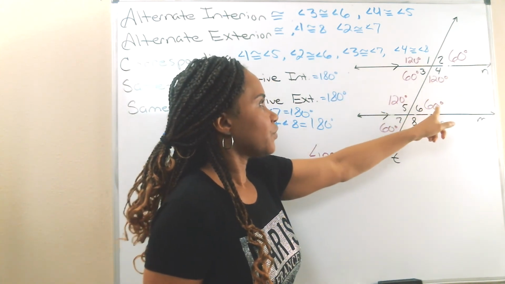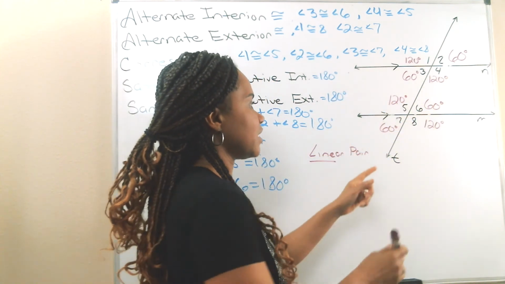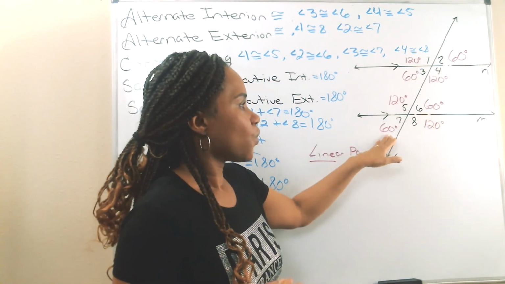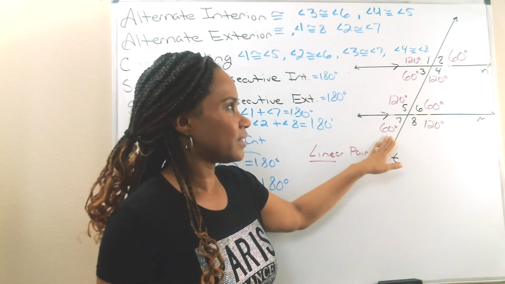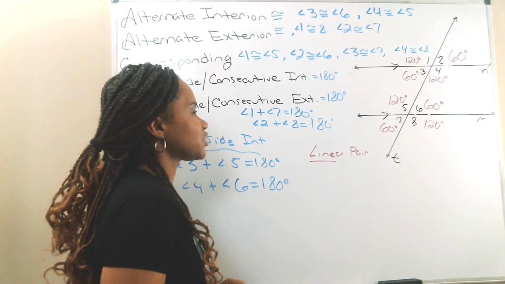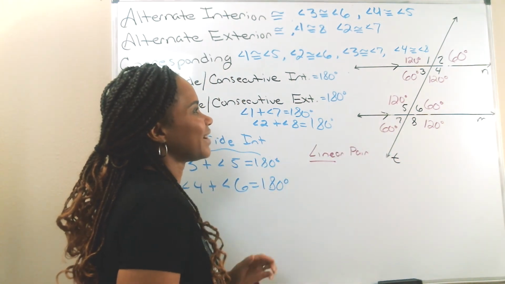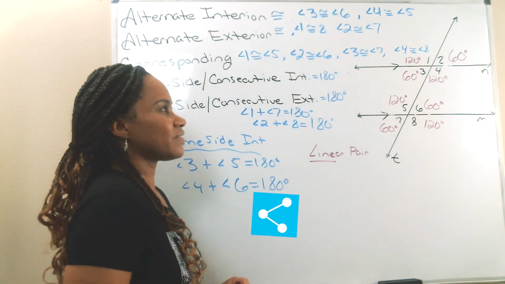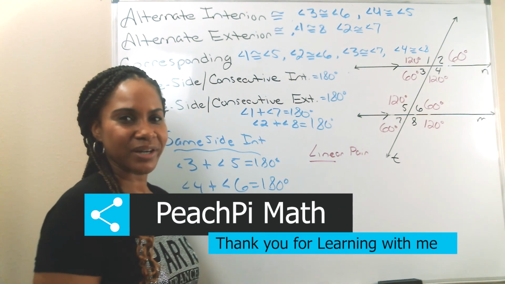Same thing for 4 and 6, and the same thing for 1 and 7, same side exterior. If you know 1, you can just subtract from 180 here. And so we can find the measure of all of our angles here if we just have one angle using our knowledge of the angle pairs and properties of parallel lines.